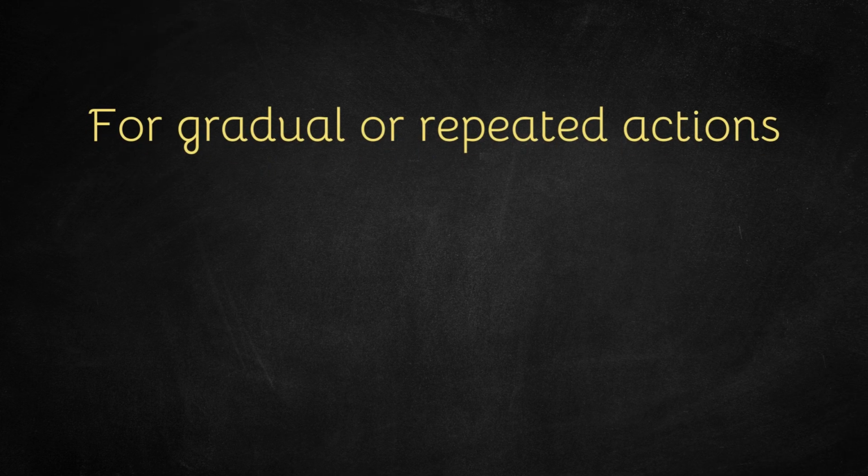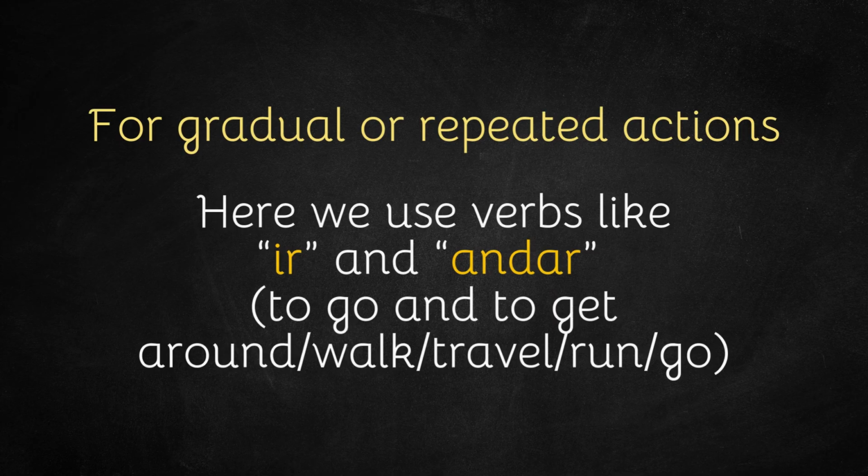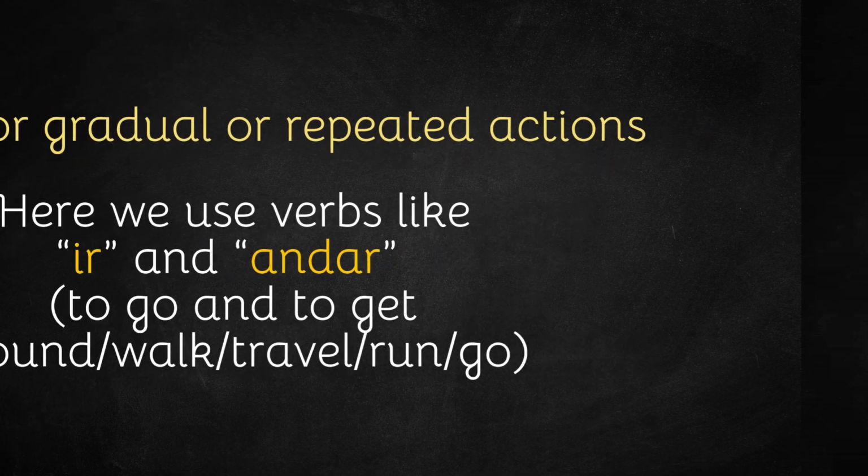And then a fifth way to use the gerunds in Spanish is for gradual or repeated actions. And here we will use verbs like ir, to go, or andar, which is also a form of to go, to get around, to walk, to travel, to run. It has different meanings. So when something is happening little by little, we could use one of these verbs with the gerund.